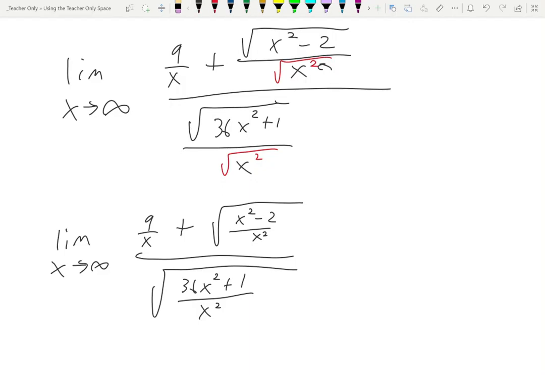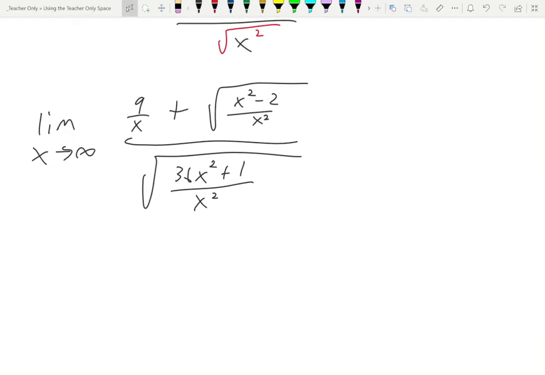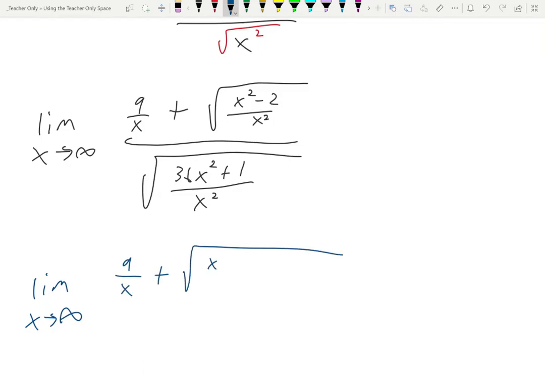Okay. Now we're going to even go a little bit further with this desimplification. We're going to go ahead and rewrite the x squared minus 2, each of them over x squared. So if you think about how we add fractions, we're going backwards. We're adding and subtracting fractions by getting common denominators, then we put them together.